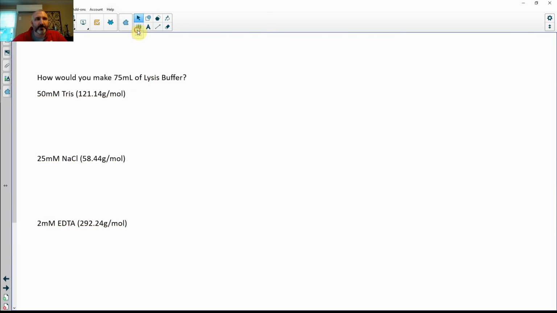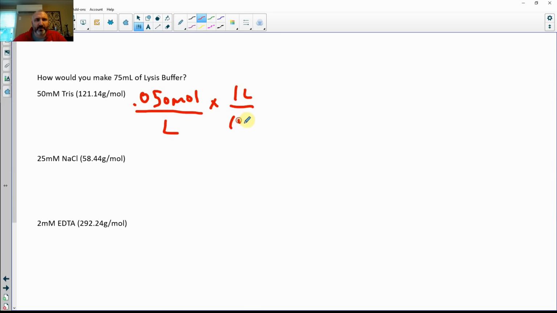Okay, so now 0.05 moles per liter times 1 liter over 1,000 mLs times 121.14 grams per mole times 75 mLs is going to equal something.